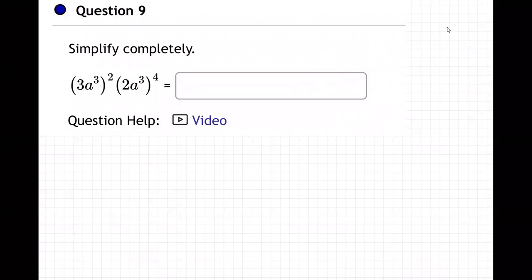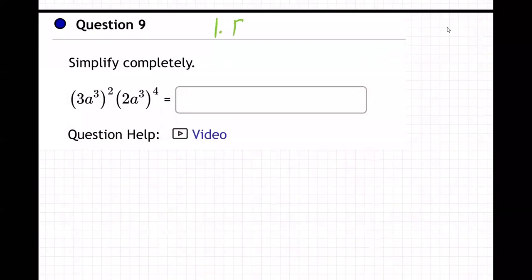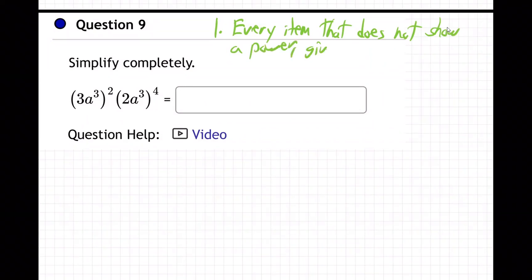Okay, so on this problem, let me give you two things to remember. Number one, every item that does not show a power, give it a 1 power.